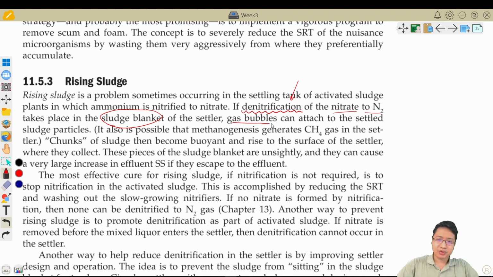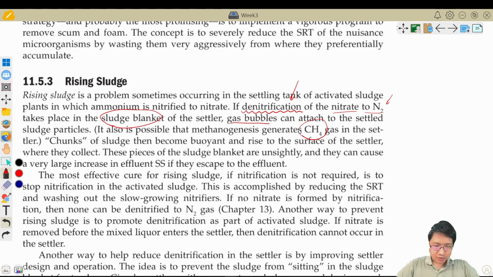Those gas bubbles will attach to the settling sludge particles and float up to the top of the settler. Not only the sludge from the denitrification process, but also the sludge from anaerobic systems, where methanogenesis will generate methane as biogas.